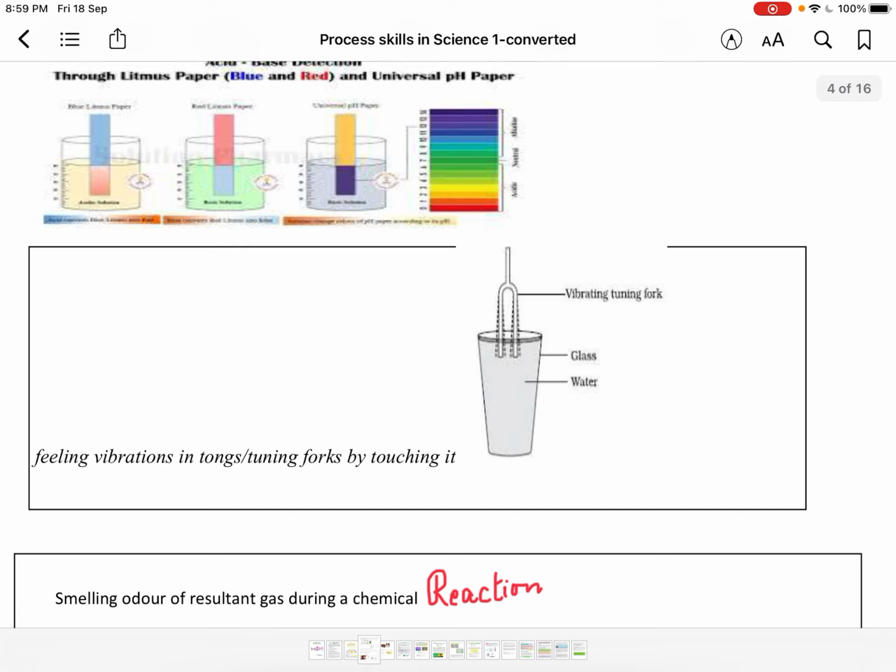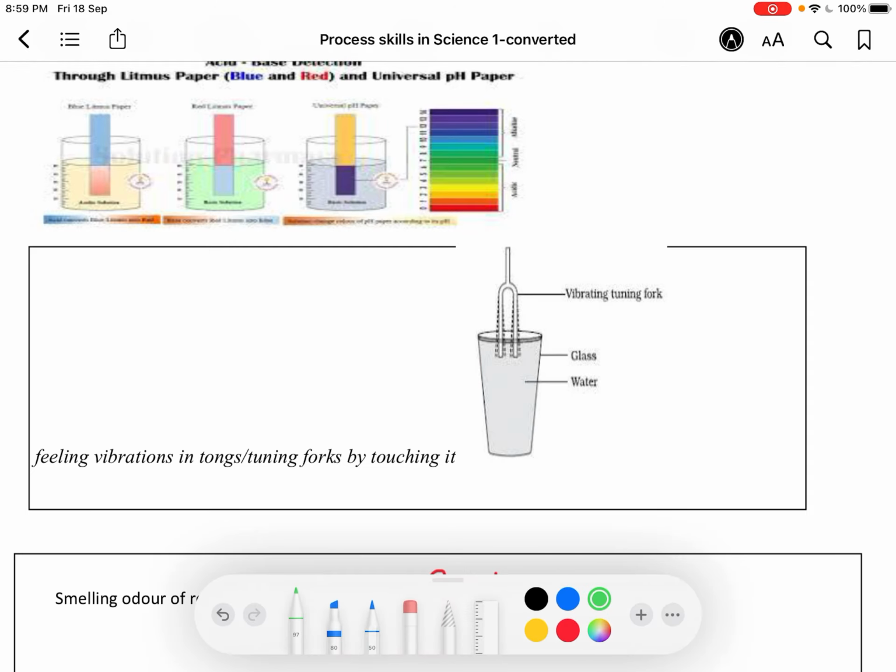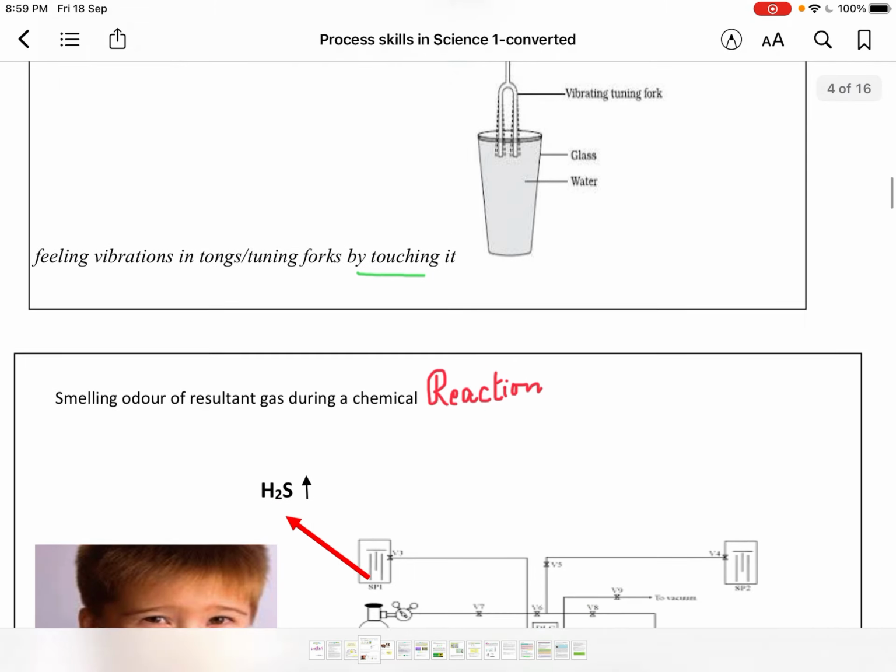If you touch that tuning fork, there also you will feel the vibration. So in this experiment we are making use of our sense of touch. In the litmus paper we were using the sense of viewing, that is the eye.